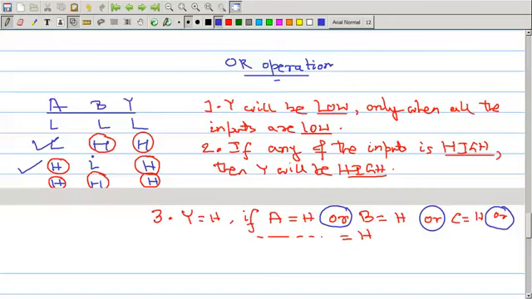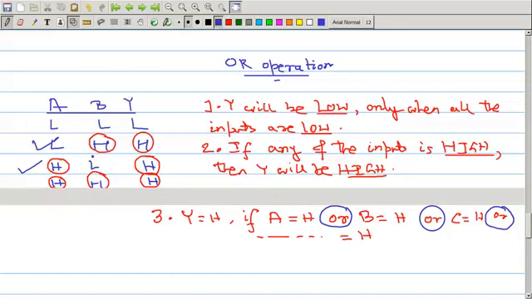Now you see the difference between the OR gate and the AND gate. In your OR gate, if A or B or C, any one of them is high, you get the output high. But in the AND gate, if A is high and B is high and C is high, then only the output is high. So in each of these truth tables or logic expressions, you need to be careful about the high values. You concentrate on when you get high.